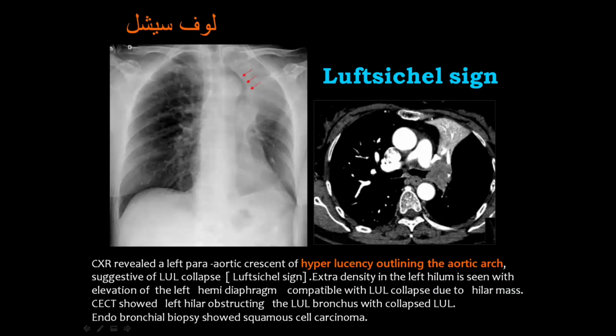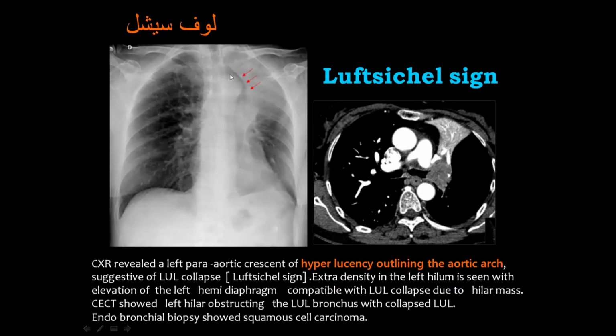Luftsichel sign. In cases of bronchogenic carcinoma obstructing the upper lobe bronchus, the upper lobe will collapse. Then the right upper lobe will hyperexpand, and this hyperexpansion will cross the mediastinal border and form an air crescent along the arch of the aorta.